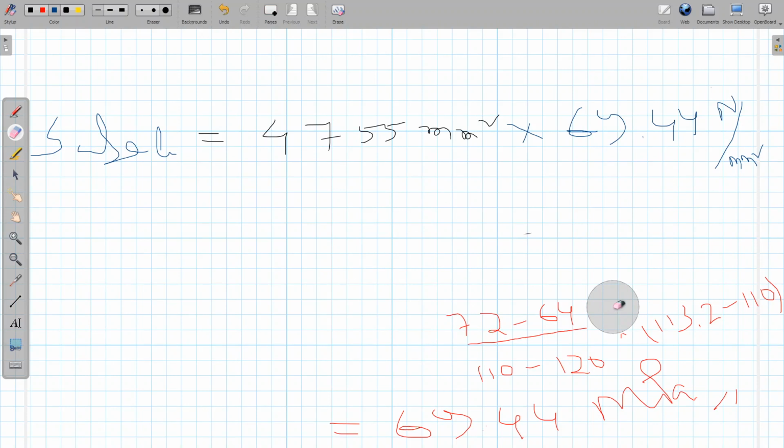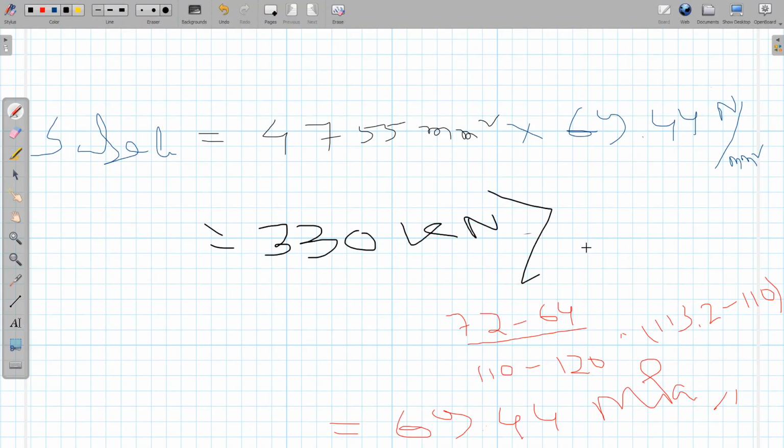So how much are you getting? If you calculate it, it is coming out to be approximately 330 kilonewton. So my 330 kilonewton is more than 300 kilonewton. So what we can say, my design is safe. We got a safe design value.